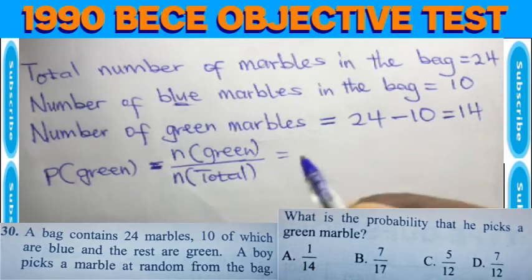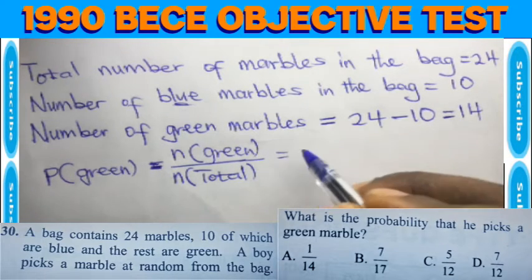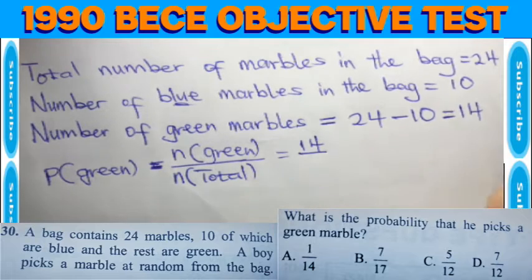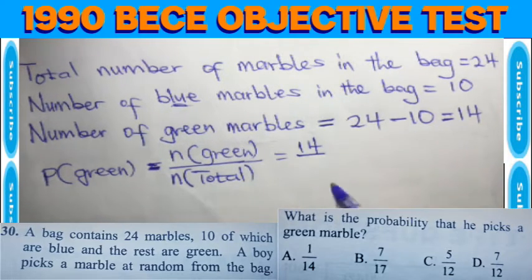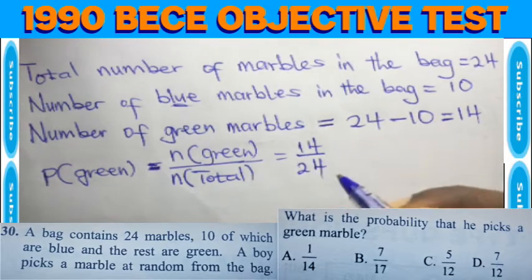Do we get it? The number of green marbles in the bag, now we have it to be 14, and the total number of marbles in the bag, we have it to be 24.